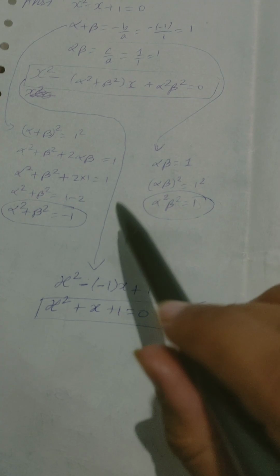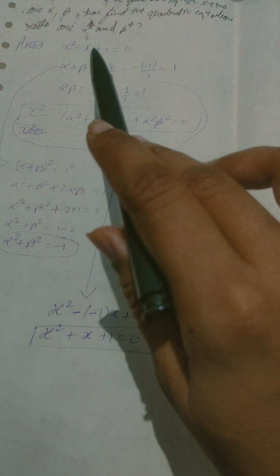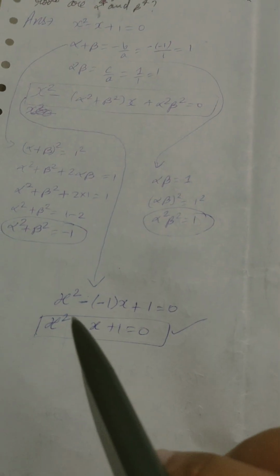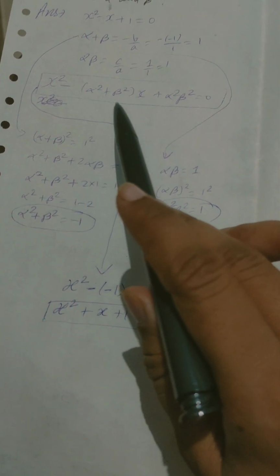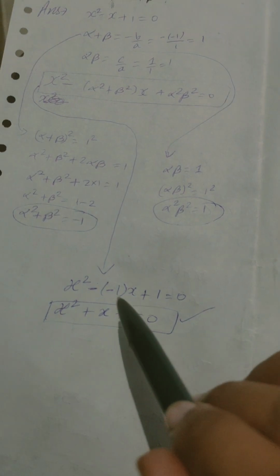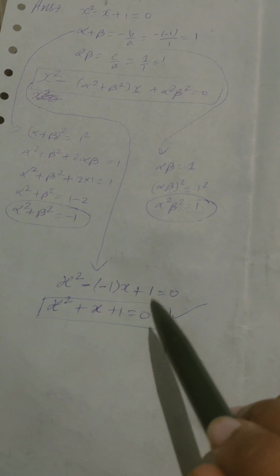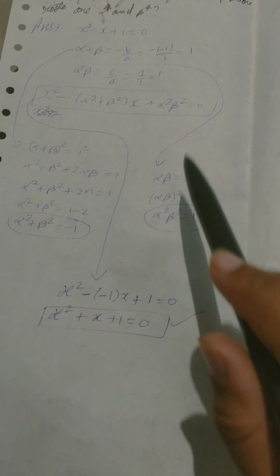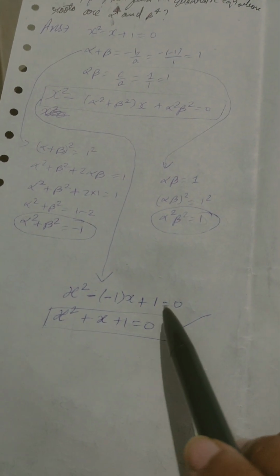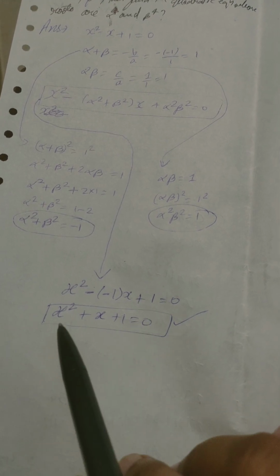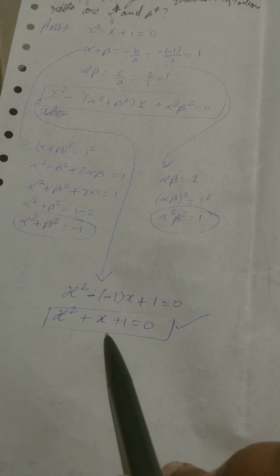Then we will get the quadratic equation whose roots are alpha 4 and beta 4. So x square minus, alpha square plus beta square is minus 1, then x, then alpha square beta square is 1, plus 1. Then x square plus x plus 1 equal to 0.